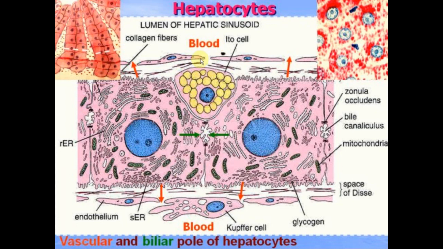Between the sinusoid and hepatic cords there is a cleft-like perisinusoidal space of Disse where the blood plasma circulates and components of blood can enter this space for absorption into hepatocytes, and in this region the blood proteins are produced and released into the space of Disse.